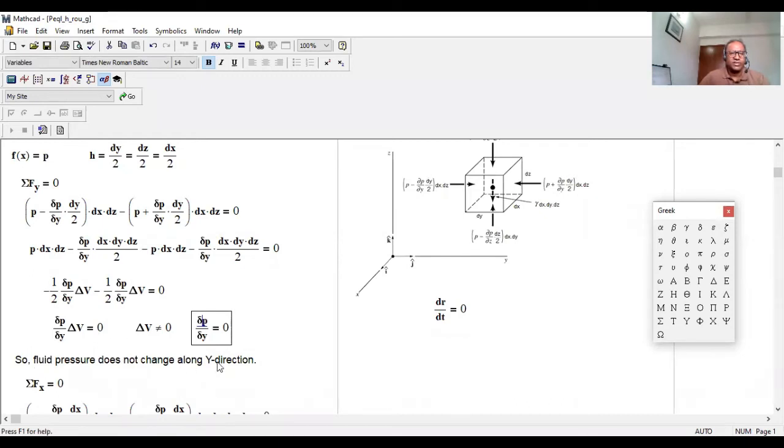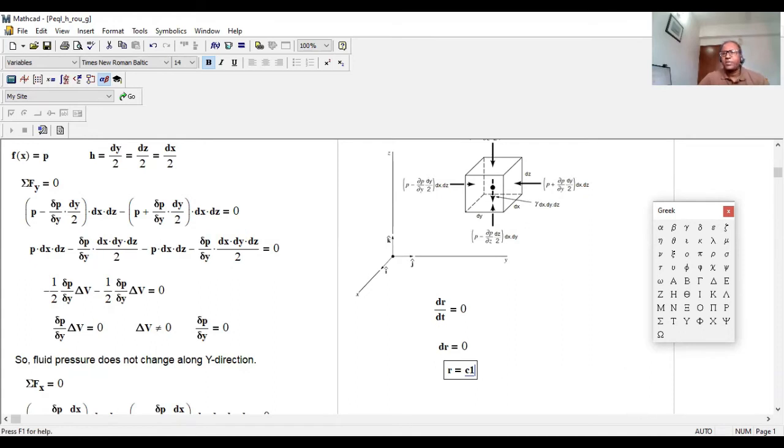So fluid pressure does not change along the y direction from here. How can we figure that out? Right over here, I can say dr equal to 0. You do the integration on both sides, then what will you get? r equal to constant, right? You will get r equal to some constant, say C1. Constant means the value is not changing.